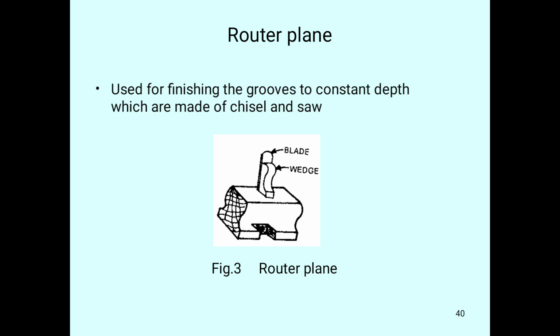These router planes are used for finishing the grooves. Whatever grooves are prepared by the previous plane are finished by using this type of plane. The router plane is used for finishing the grooves to constant depth, which are made with chisel and saw.